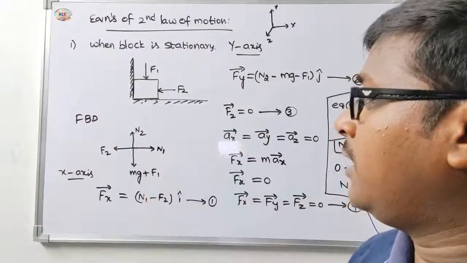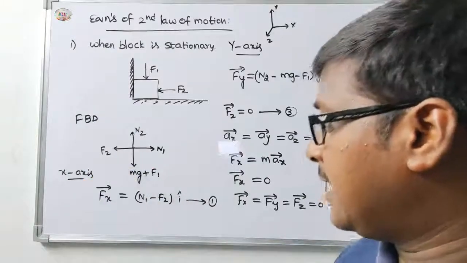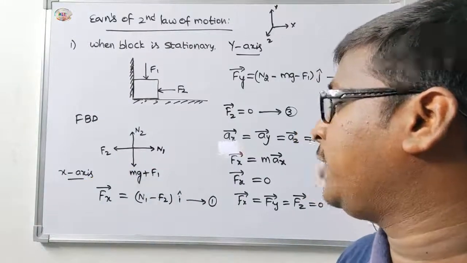So very simple. Taking the x-axis, Fx is equal to N1 minus F2 into i cap.